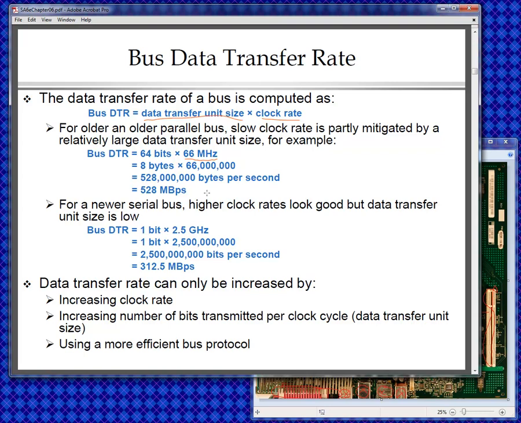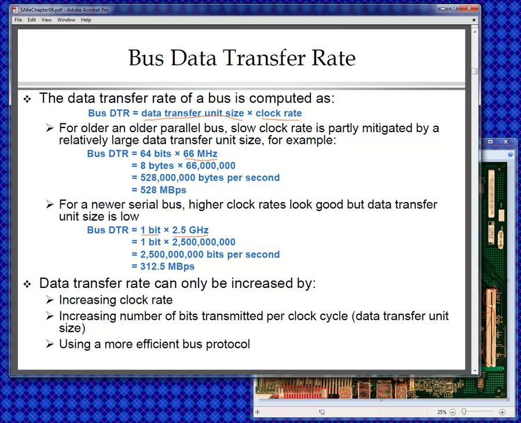For one of these newer serial buses, say PCIe, you've got a fairly high clock rate, 2.5 gigahertz is the standard, but your data transfer unit size is low. So let's assume for the moment you're only transferring 1 bit. 1 bit times 2.5 billion is 2.5 billion bits per second, or to put it in bytes, that's 312.5 megabytes per second.